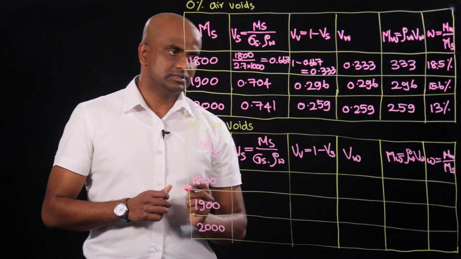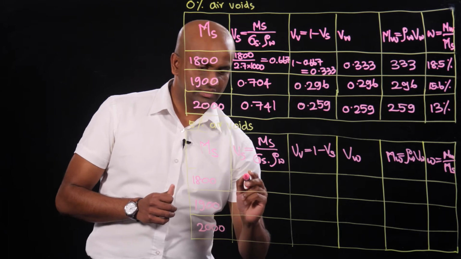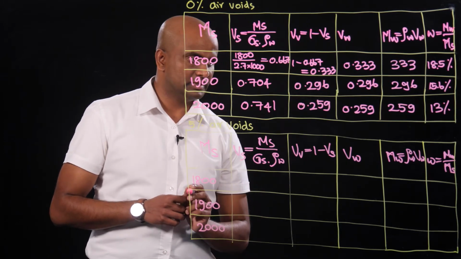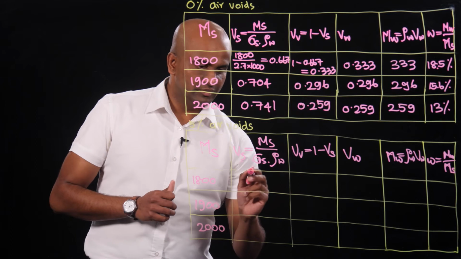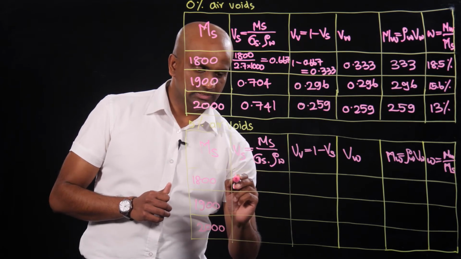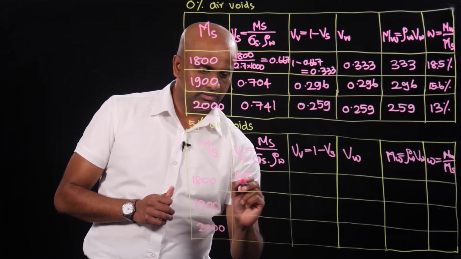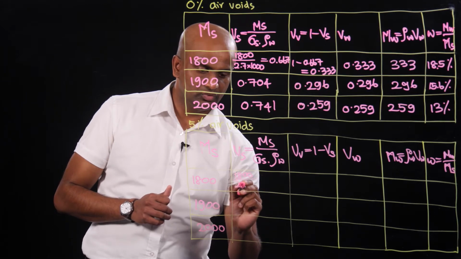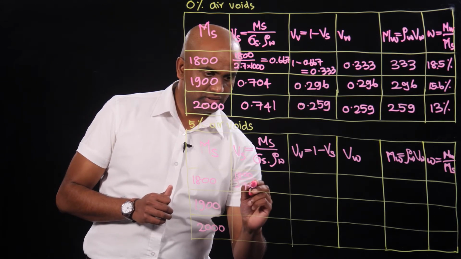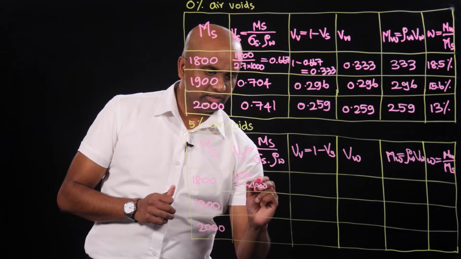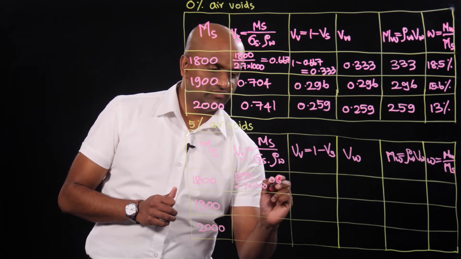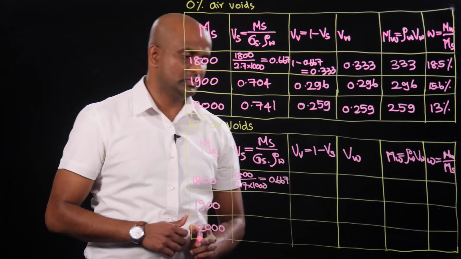And the Vs values can be calculated similar to the previous method. That will be Ms, 1800, divided by Gs, which is still 2.7, and rho W is 1000. That will give you the same value as before, 0.667.